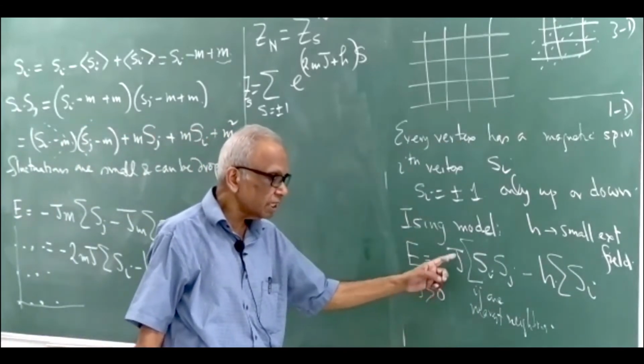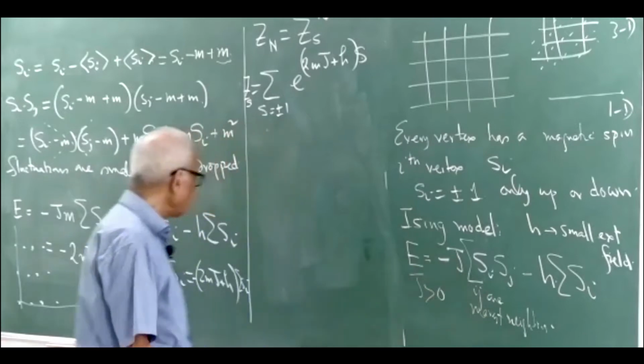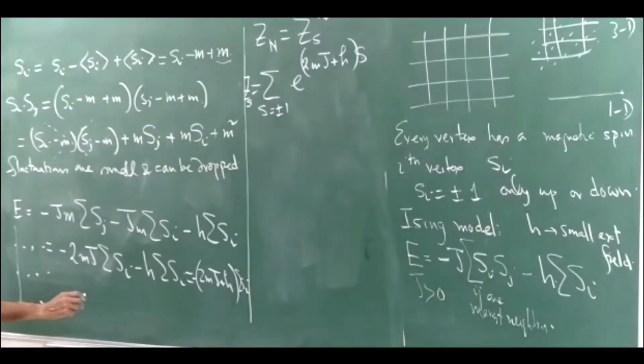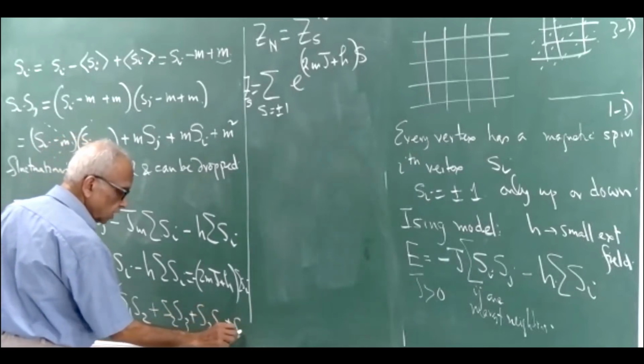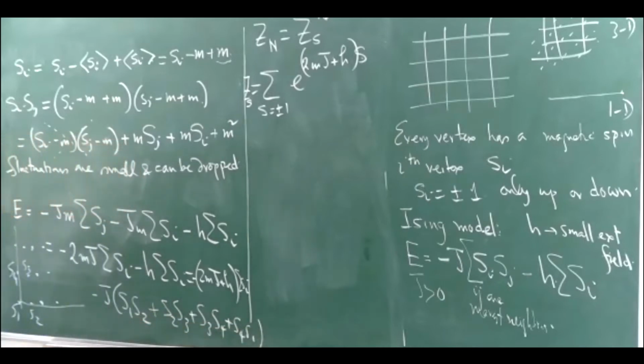What you are worried about is whether I should have reduced it because it was a sum over nearest neighbors. So if I took S1, S2, S3, S4, then it is S1 S2, S2 S3, S3 S4, plus S4 S1, and for each of them, this interaction over here is changed to J.